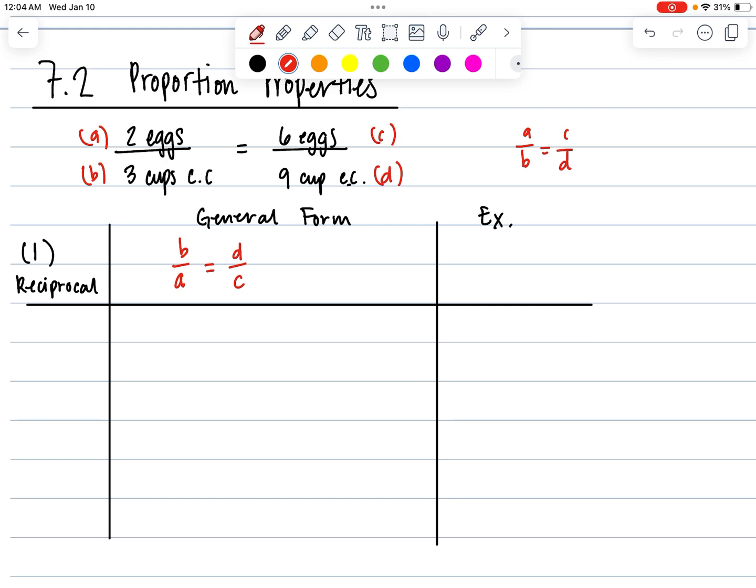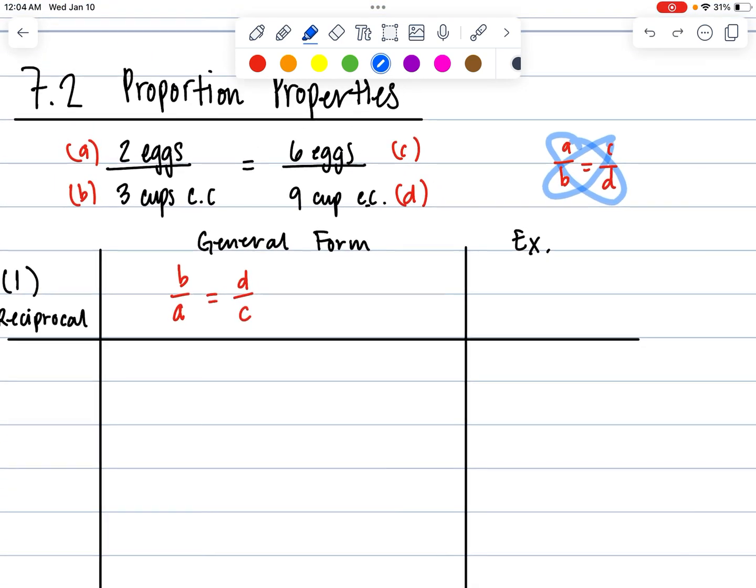The reason is, when you cross multiply to solve, A gets multiplied with D, and that actually still happens here. A is still multiplied with D. C gets multiplied with B, and that also happens here. C multiplies with B.